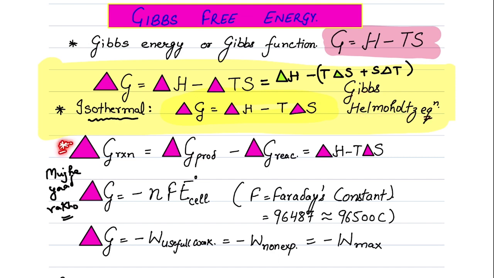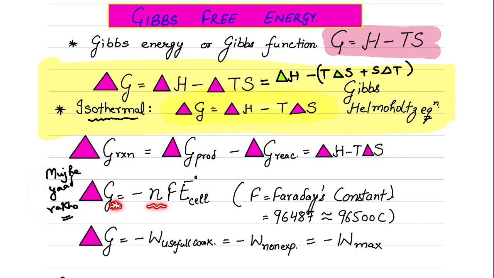Now there is an important formula for delta G of reaction, that is equal to delta G of product minus delta G of reactant. So this will also be equal to delta H minus T delta S. So this is very important to learn.